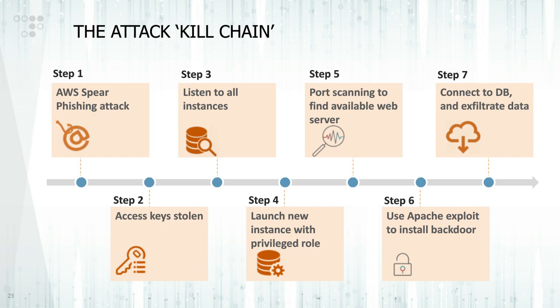So in the first step, similar to the previous case we examined, the company was the victim of a spear phishing attack in which access credentials to their network were stolen. However, it's important to point out that in this case, the target of the spear phishing attack wasn't the company itself, but rather one of their third-party partners who happened to have access credentials to their network.